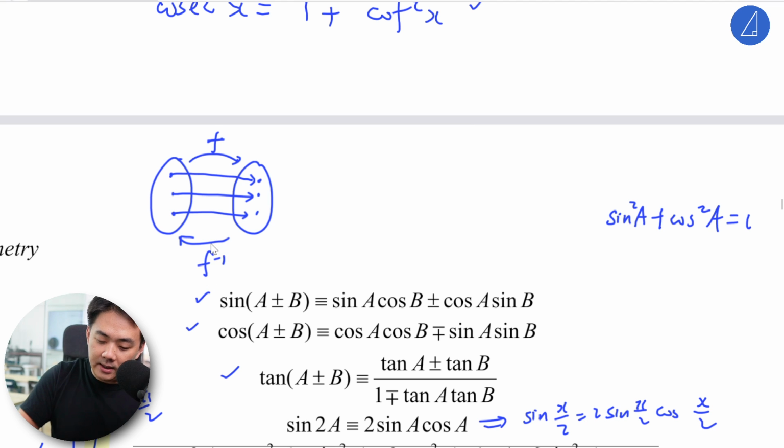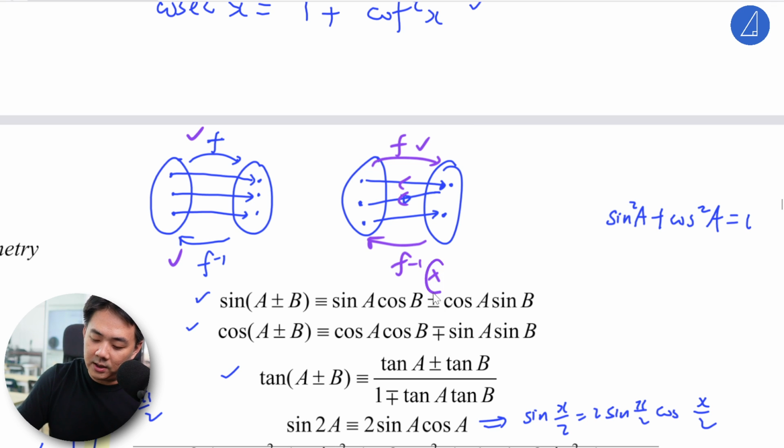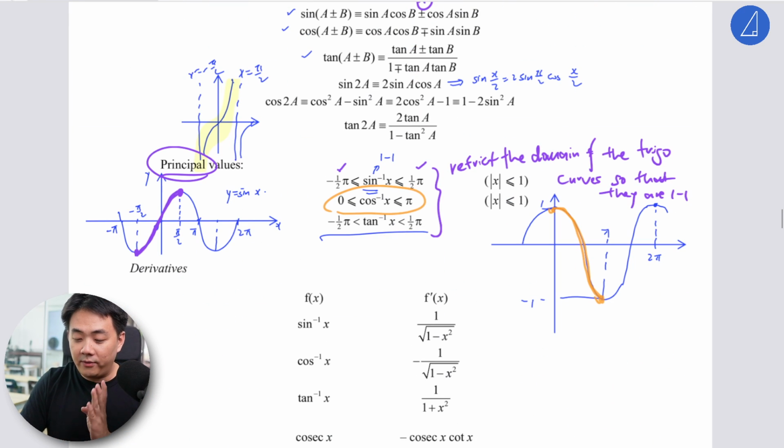Coming back is a function only for a 1, 1 function. If I've got 1 to many, that is not a function, so many to 1 like that. Going over is a function, but when it comes back and you flip this, it is no longer a function because you cannot have 1 input having 2 outputs. That's why a 1, 1 function is important.